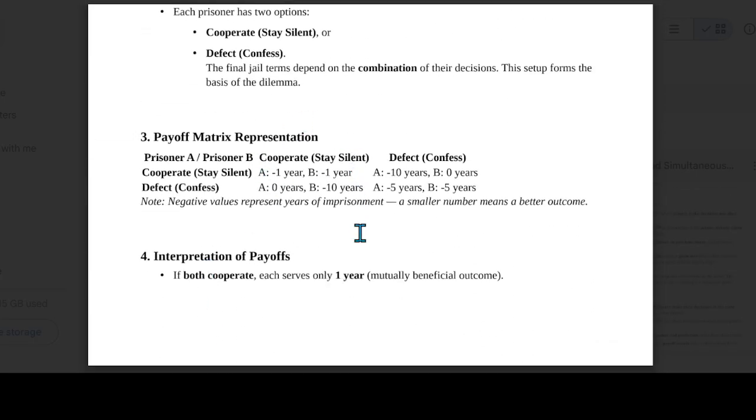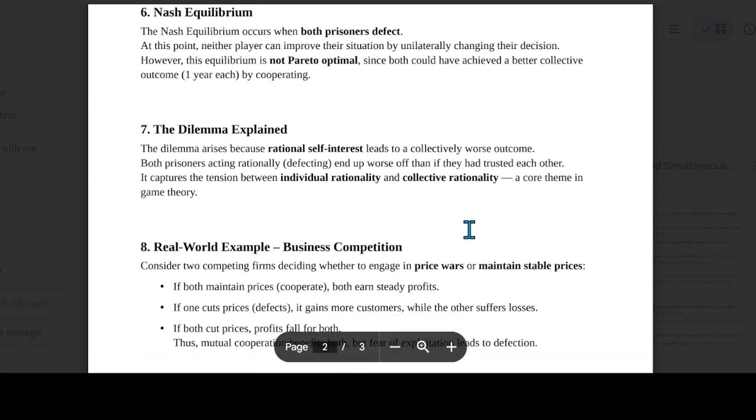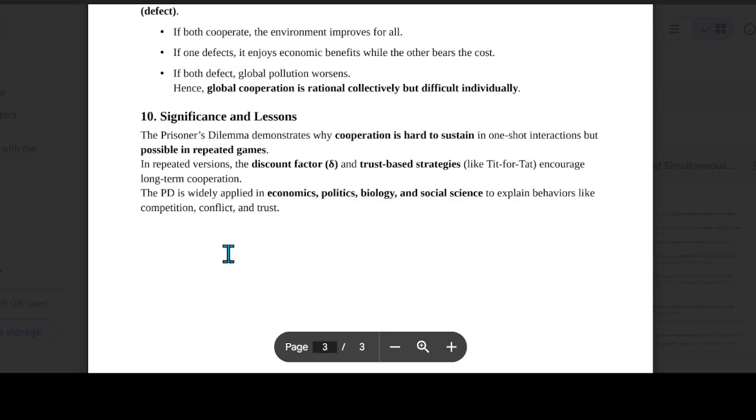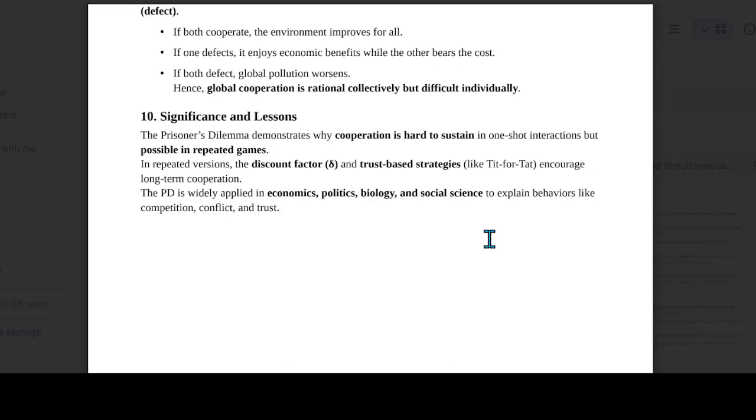Okay, that is the best outcome, but it is risky, right? So we both choose to defect. It is the most stable one, but not the best one, like we said. And then we accordingly give examples of environmental policy and business competition. Either one that you want to write, and then you can just write a concluding thing that it demonstrates why cooperation is hard to sustain, and it is possible in repeated games and all that, and that becomes your prisoner's dilemma.